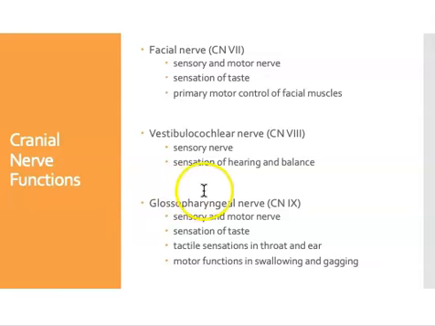The glossopharyngeal nerve is tongue and pharynx. This is Cranial Nerve 9. It has sensory and motor function. It's involved in sense of taste, like the facial nerve is.